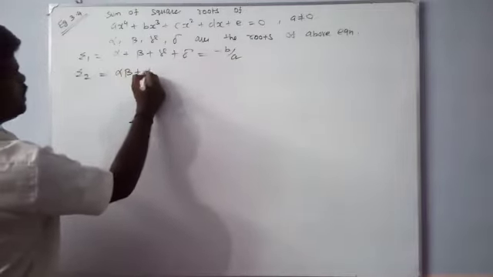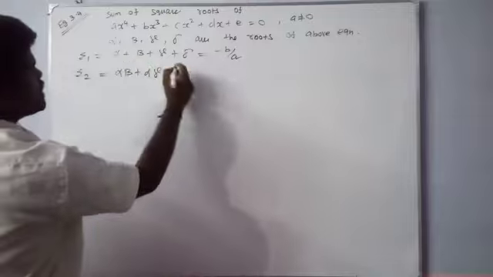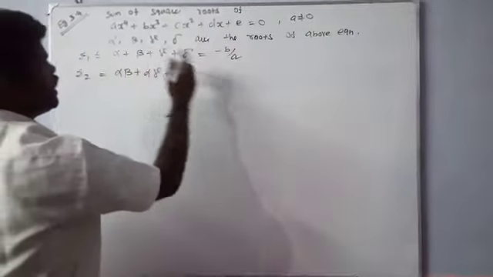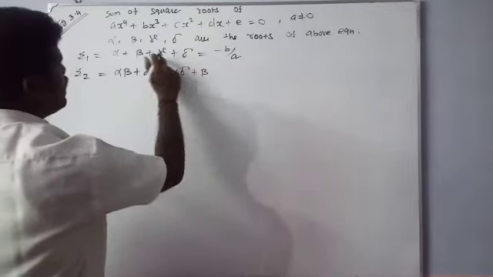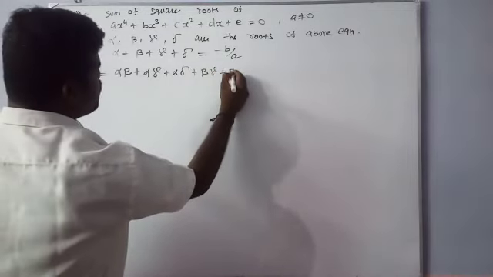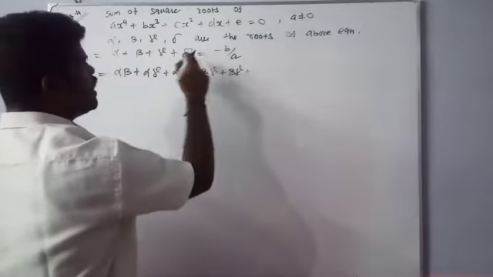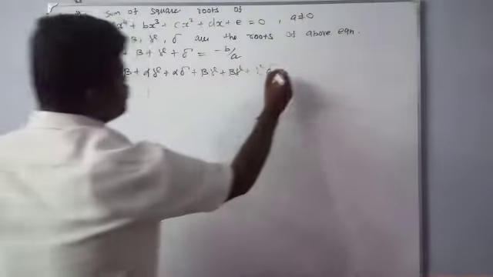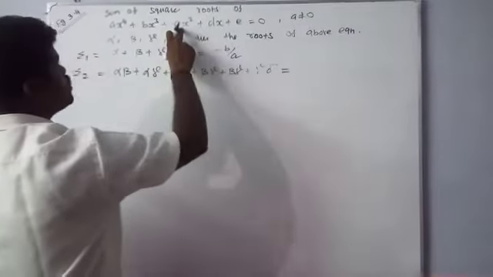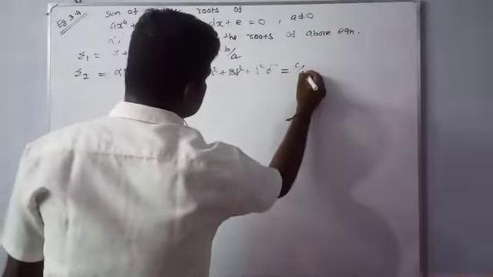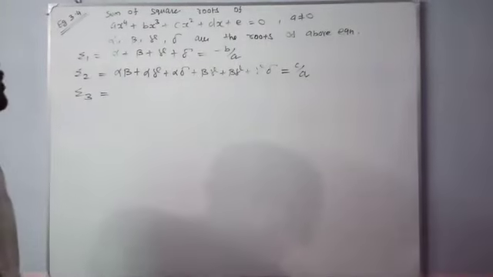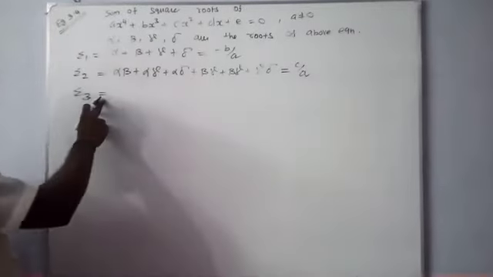Alpha beta plus alpha gamma plus alpha delta, and take beta gamma plus beta delta, and take gamma delta, which is equal to, what is the value? C by A.